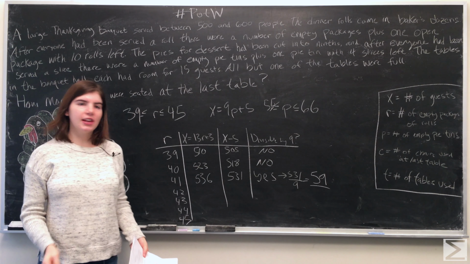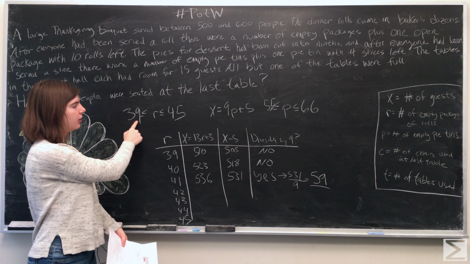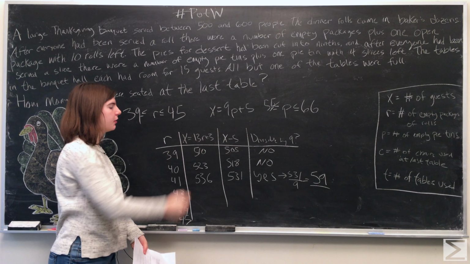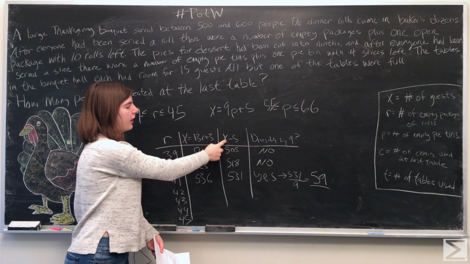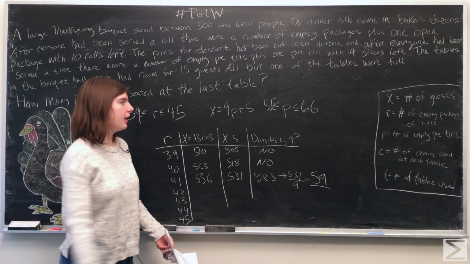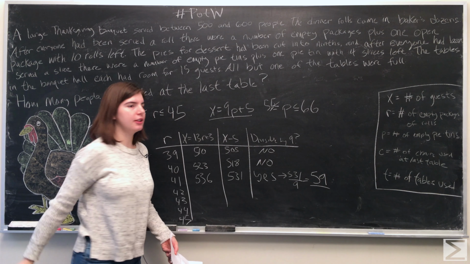The way we set this table up is we have possible values of r, which we got from our inequality, and then we solve for x, 13r plus 3, and then x minus 5. If that's divisible by 9, then we found p because x is equal to 9p plus 5.